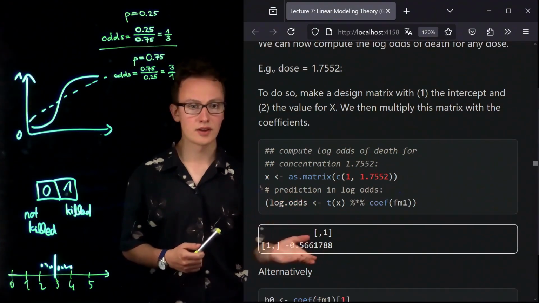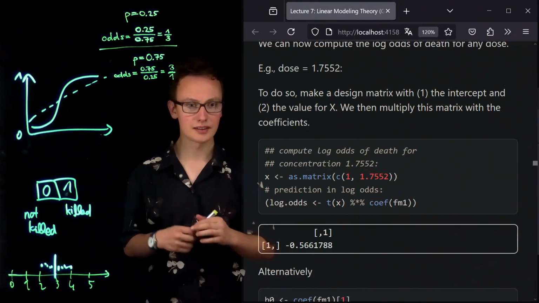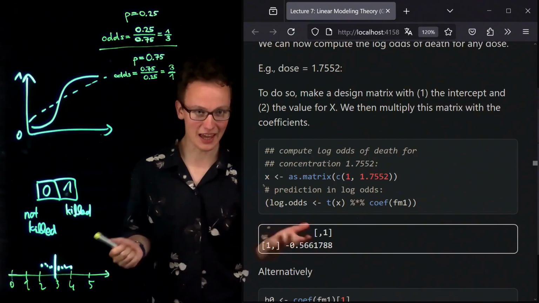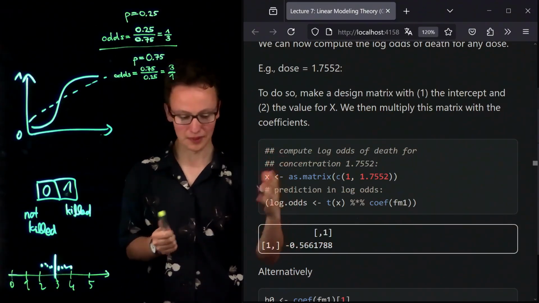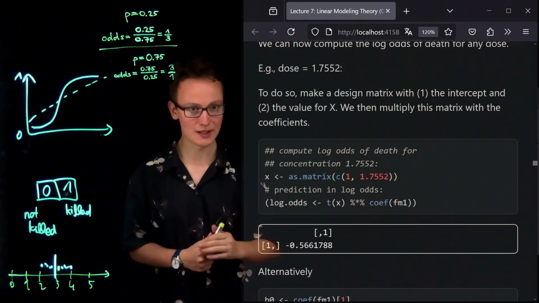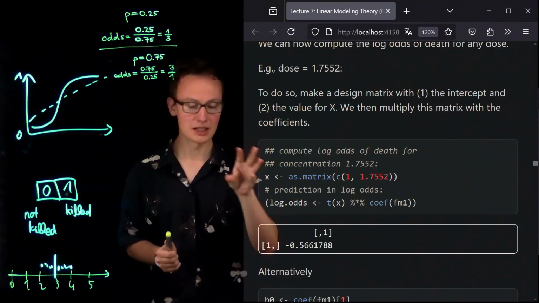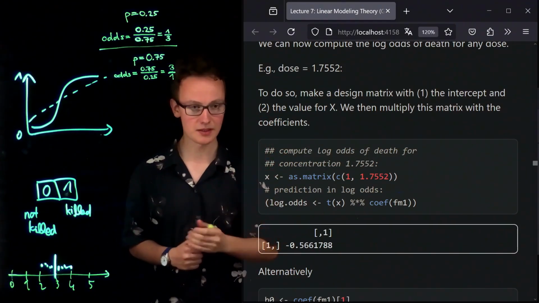So in order to do this, we can create for ourselves a small design matrix, X, just as we learned for the matrix formulation of the regression model, and then multiply this with our matrix containing the beta estimates.